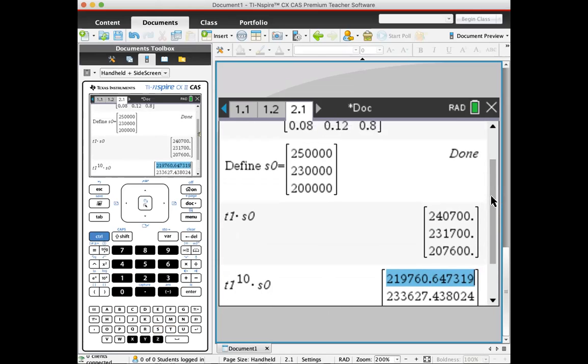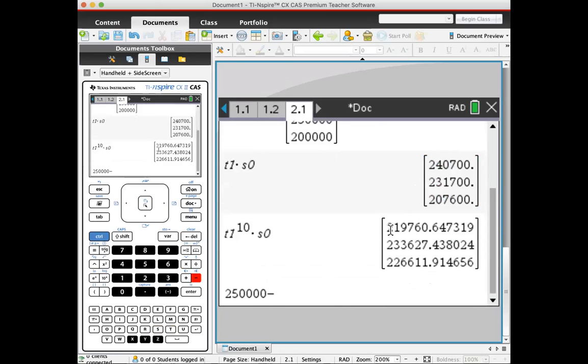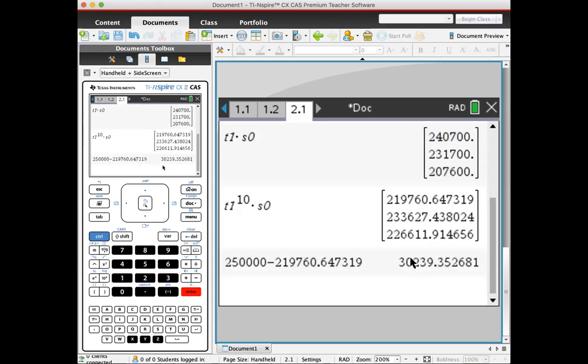Initially, we have 250,000 minus this number here. Control enter. We will get 30239.35, but we want to round that to the nearest thousand. So get rid of these numbers, okay? So the answer should be 30,000 shoppers. That is the difference.